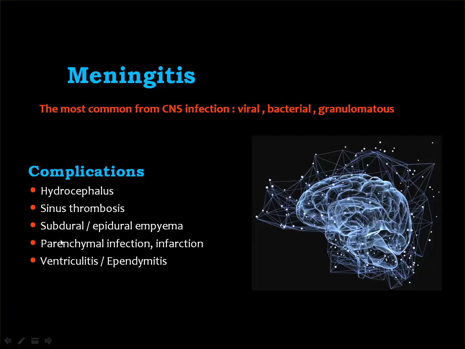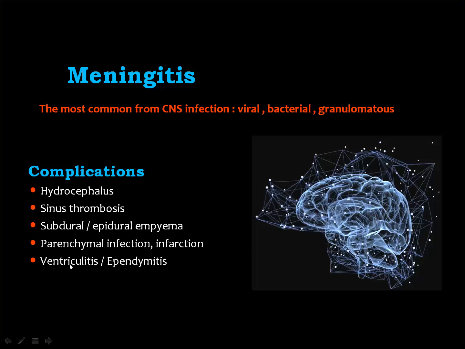Extension of the inflammation to the subdural or epidural space will result in accumulation of pus in these spaces, resulting in subdural empyema or epidural empyema. If the infection has extended from the meninges to the brain, then you may get infected brain tissue and infarctions.